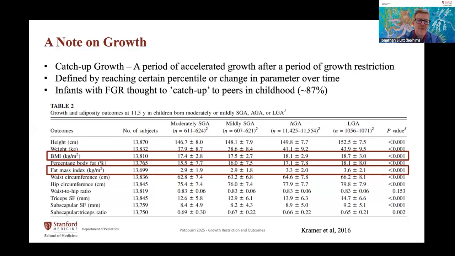Actually, their BMI and fat mass index among kids who are small at birth is lower at age 11. This, though, doesn't take into account what kind of catch-up growth they may or may not have had early on in life.